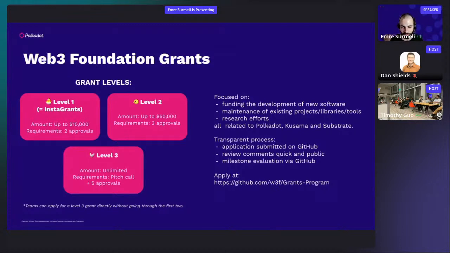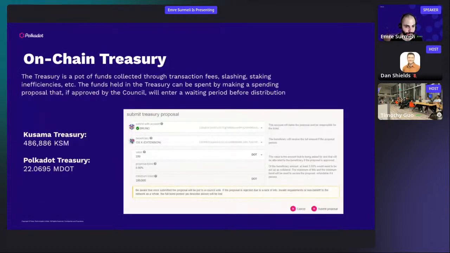So I implore everybody in this class to utilize some of these programs to fund your ideas. There's a lot of untapped resources if you want to continue on into this world. At the Web3 Foundation, we're trying our best to fund as many good ideas as possible. So we're looking forward to hearing more from people like you.